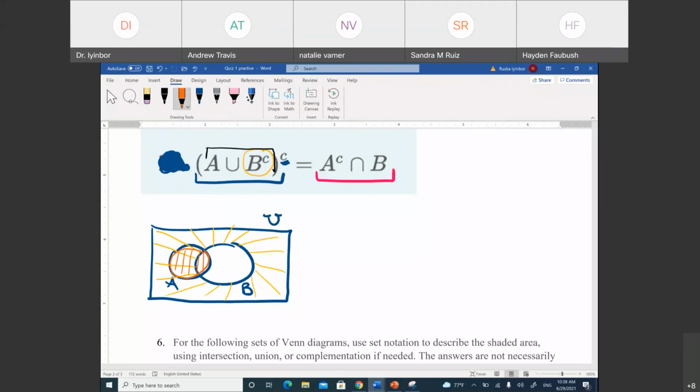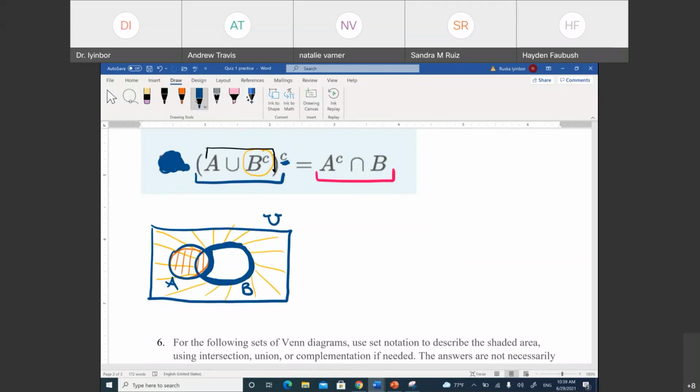So everywhere I shaded was outside of this little area here, right? Everything outside of this area is shaded. And that's where the A union with B complementary is. Okay?